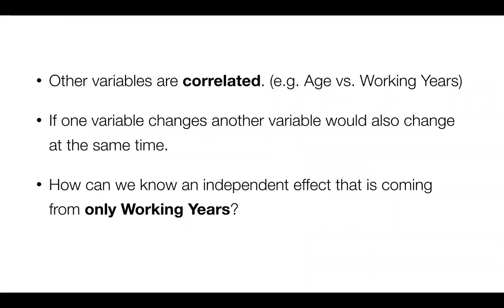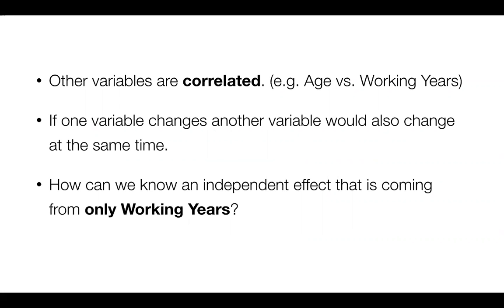But here's a problem. There are some variables correlated in this data. For example, the working years and age, as you would imagine, are very correlated, and there are other variables as well.